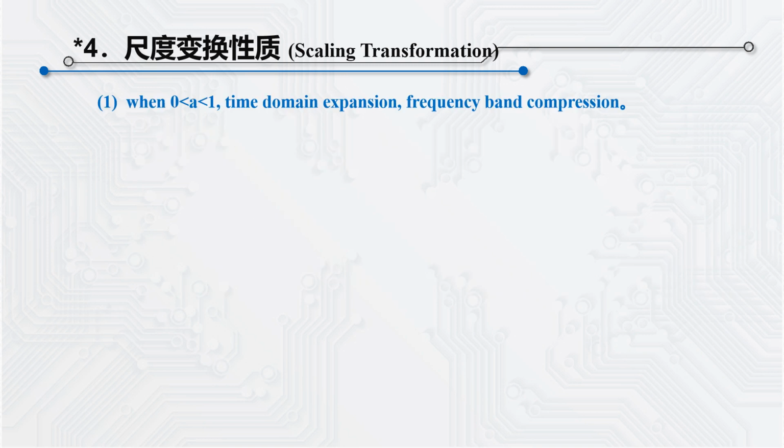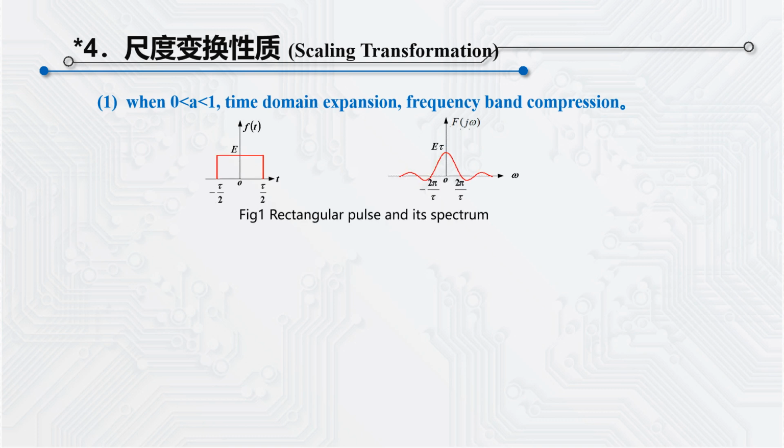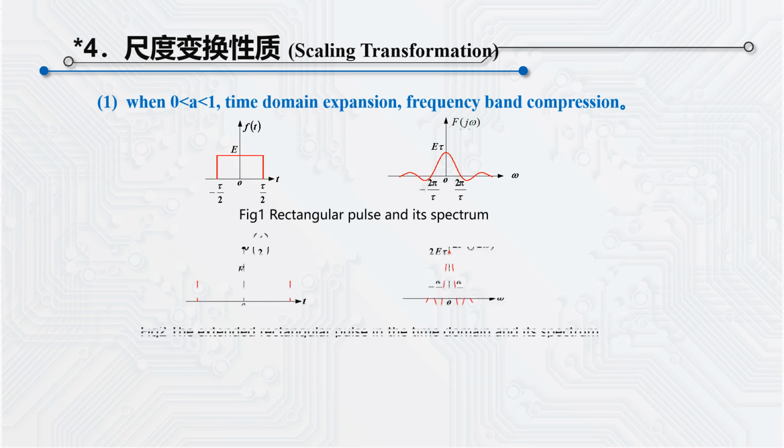Here, we use waveforms to express this scale transformation. In the case that a is greater than 0 and less than 1, Figure 1 shows a rectangular pulse and its spectrum. And Figure 2 shows the extended rectangular pulse and its spectrum in the time domain. In Figure 2, the spectrum is obviously 1/2 that of Figure 1.